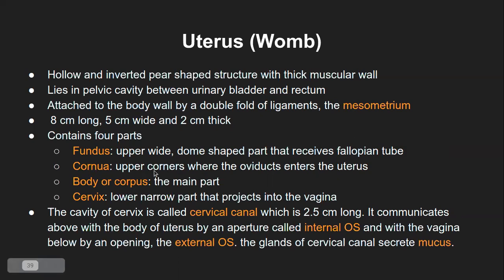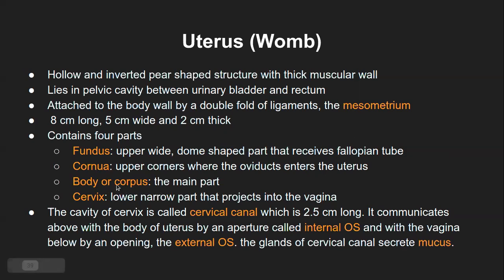Then cornua, the upper corners where the oviducts, again the fallopian tubes, enter the uterus. And the whole structure on the top is known as fundus, so obviously cornua will be part of the fundus structure.